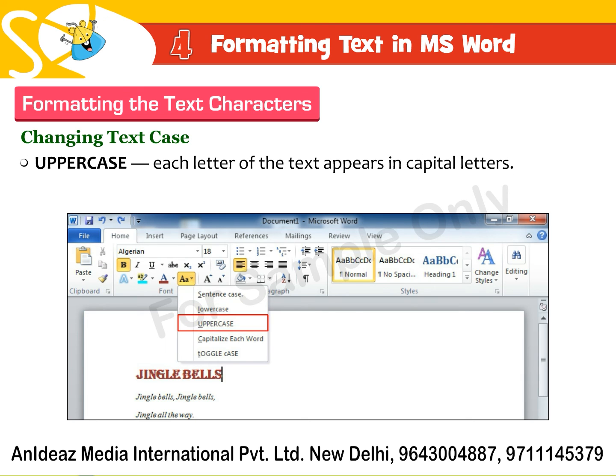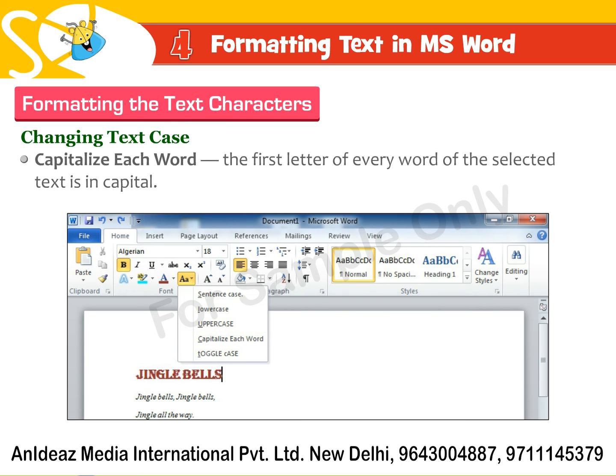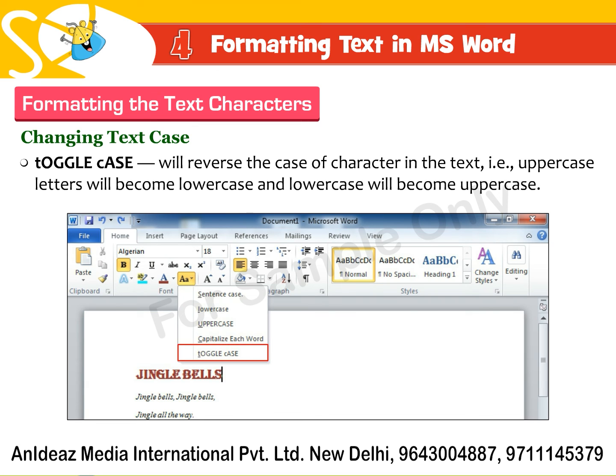Uppercase: each letter of the text appears in capital letters. Capitalize Each Word: the first letter of every word of the selected text is in capital. Toggle Case will reverse the case of characters in the text, that is, uppercase letters will become lowercase and lowercase will become uppercase.